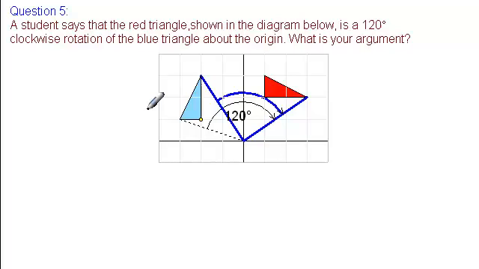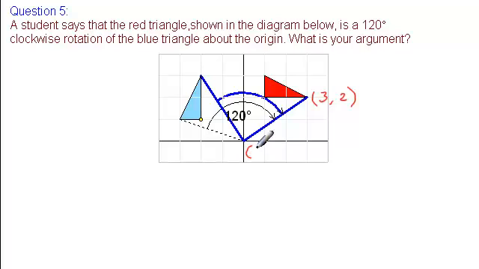So this is what we can do here. We can see the coordinate of the vertex of the red triangle connecting to the center is 3 comma 2.